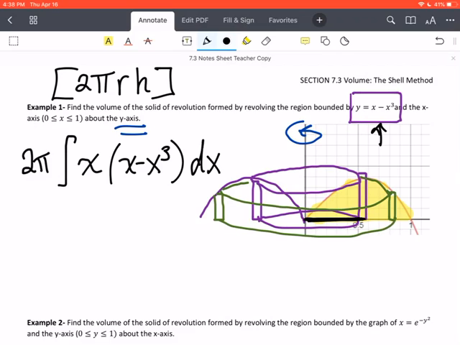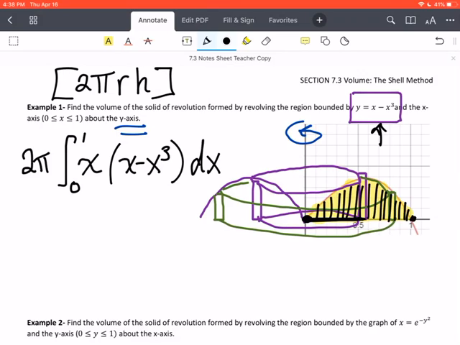Dx. Now, what am I looking at in terms of my limits of integration? My cylinder starts at the axis of revolution, and I have to draw in my representative rectangles for all of these radii until I get to 1. So 0 to 1, okay?